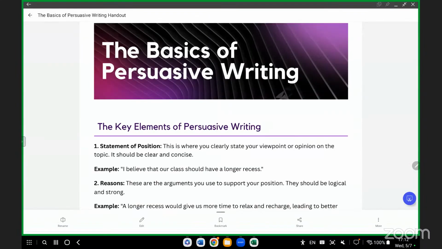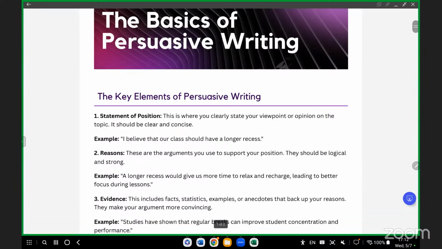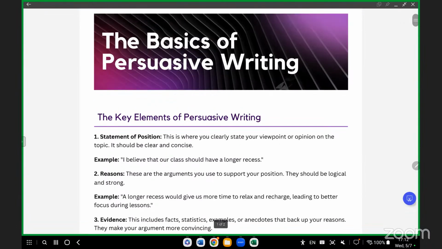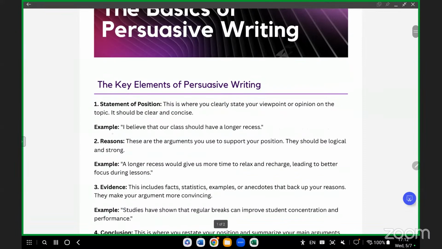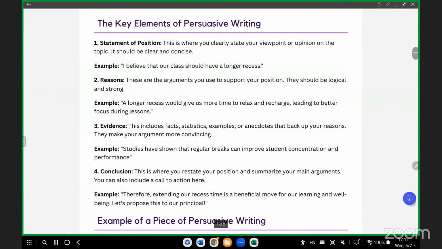So this handout is called The Basics of Persuasive Writing, and I'll send this to your Zalo group after the class. So the key elements of persuasive writing.